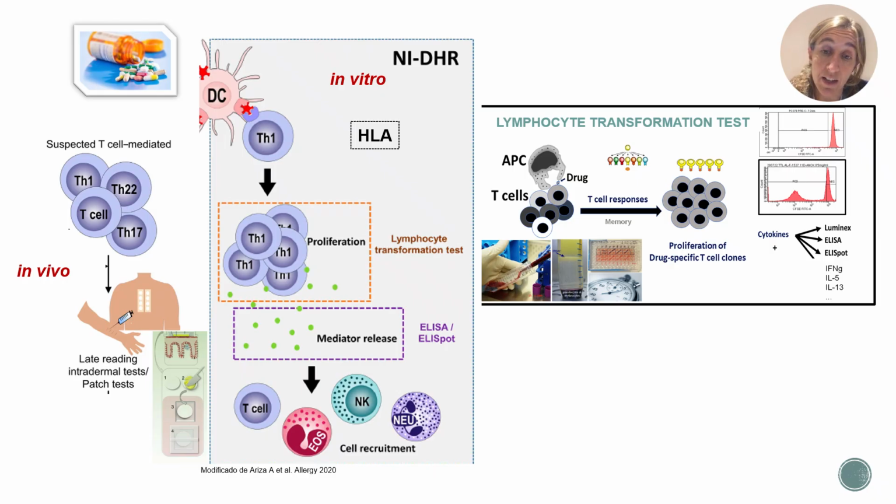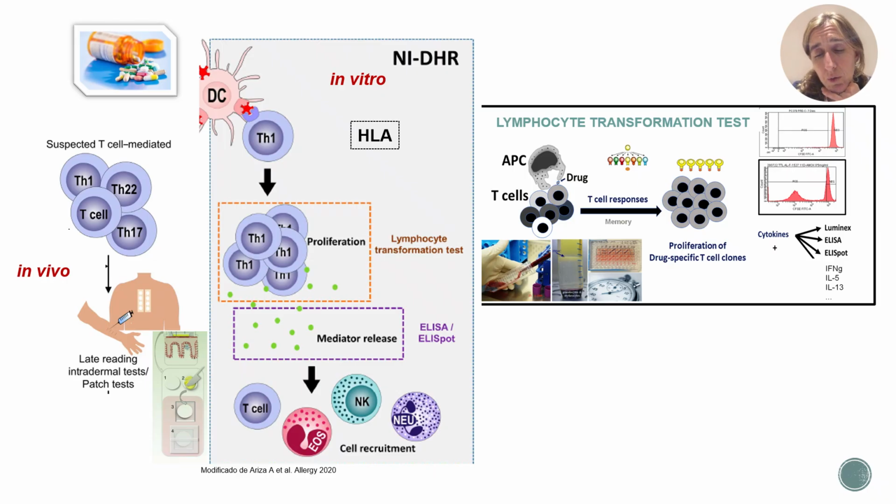The former assays are still for research use. Thymidine radioactivity is used for the readout, but also flow cytometry with CFSE green dye, with which you can observe the proliferation of these clone-specific cells.